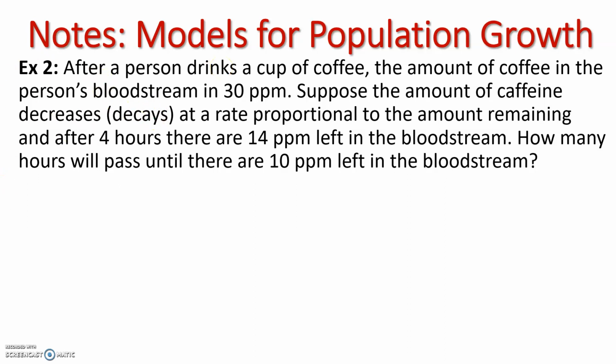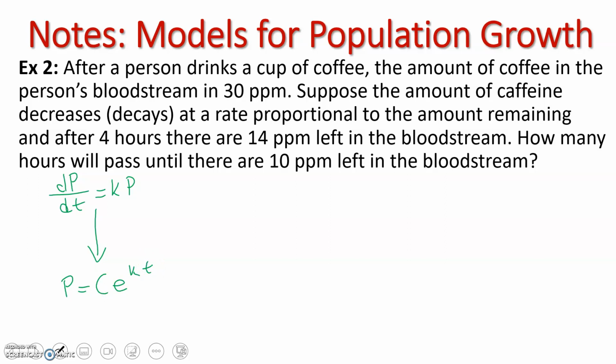Okay, so first thing we have to notice is that this follows the same model for population as from before. So we have dP/dt is equal to kP. Following the exact same steps as before, we will get that P is equal to C e to the kt. And we're just going to skip some of that work.